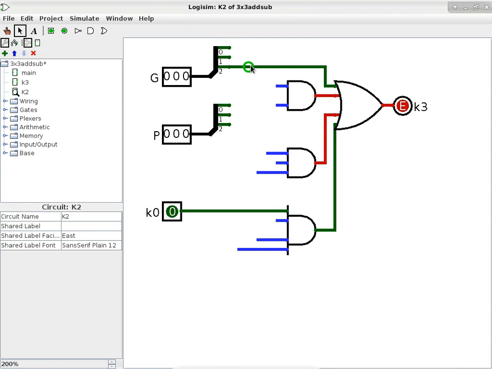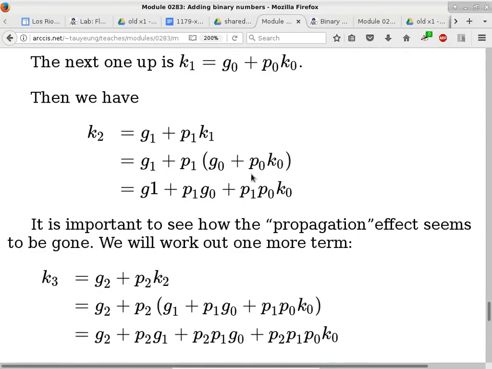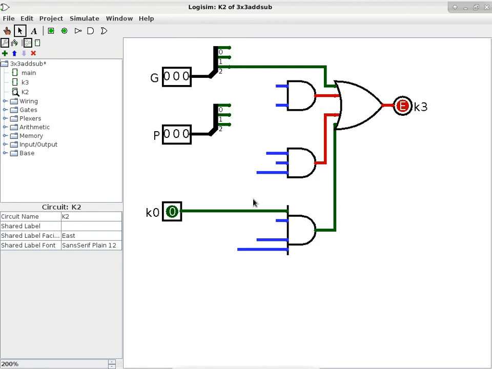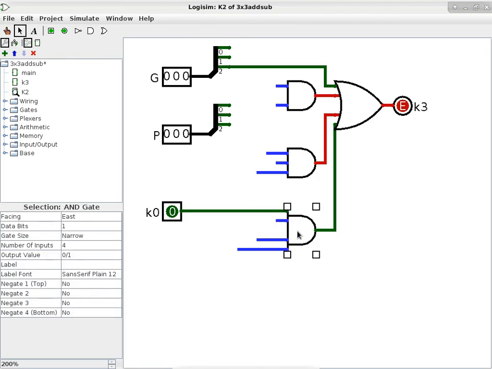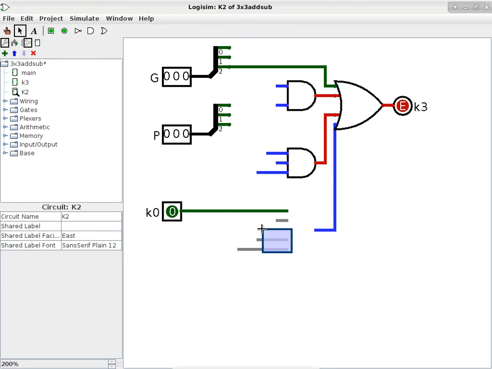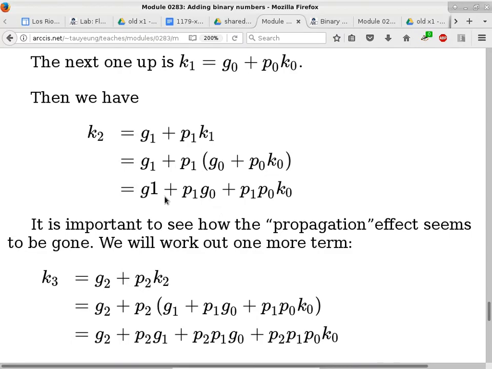There we go. And change a few things, because when you look at this equation, K2, it only has 2 AND gates, one with 2 inputs and one with 3 inputs. So the one that has 4 inputs is not needed anymore. And then we just have to wire things correctly.